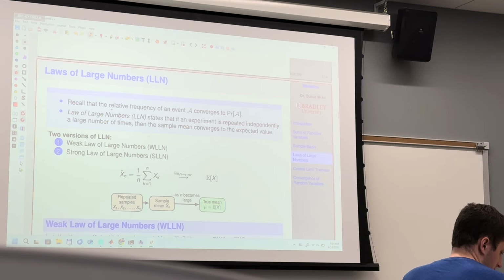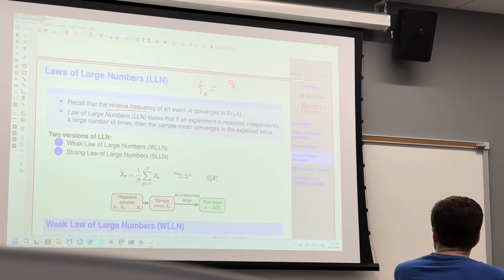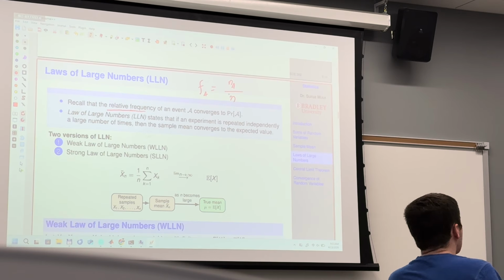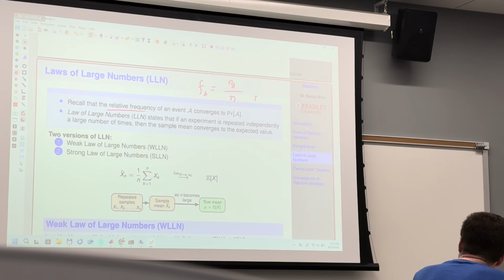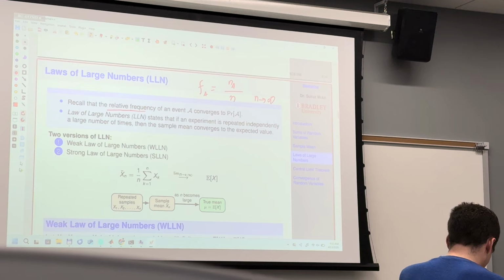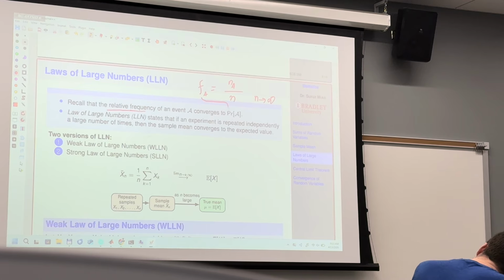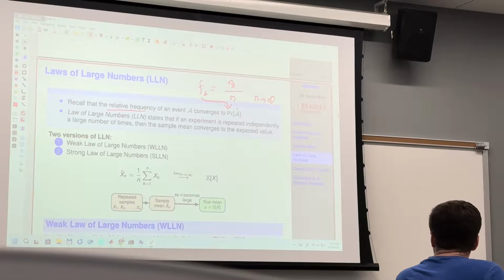You also did an exam in a computer assignment, where the relative frequency of event A is the number of times event A happened over the total number of trials. When n goes to infinity, when the number of trials goes to infinity, that relative frequency converges to the probability of A. So that's where the probability comes from.